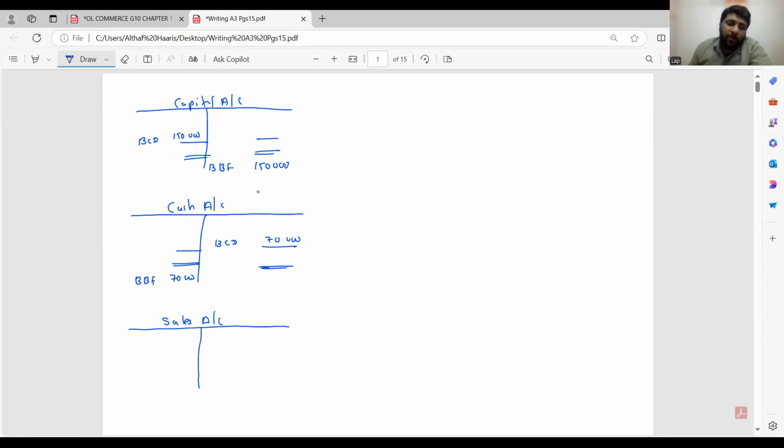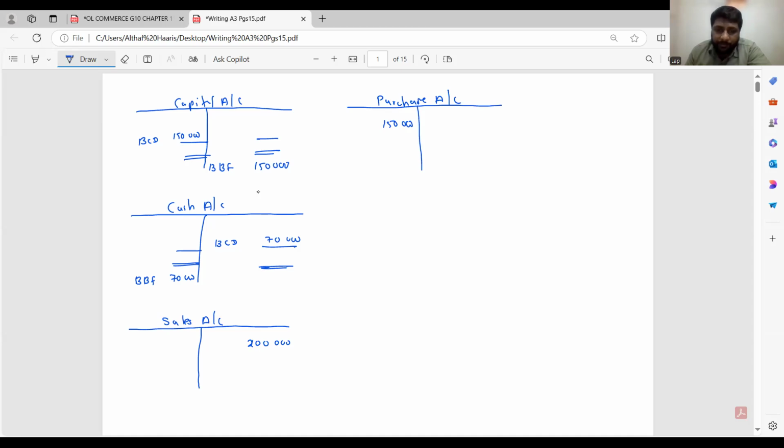In the sales account, on the credit side, you have maybe 200,000. And let's take the purchase account. We'll assume in the purchase account you have a balance of 150,000. Just an example I am taking.